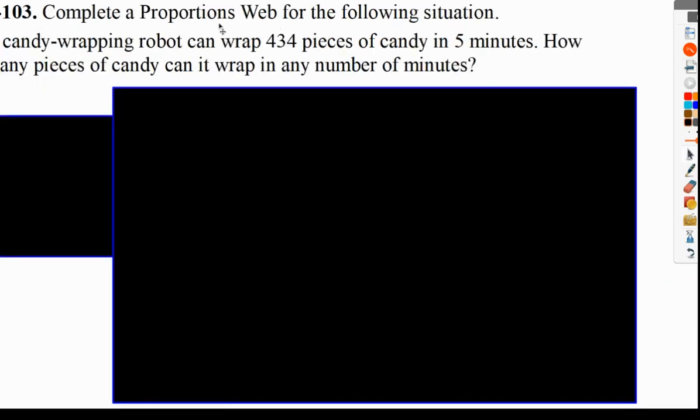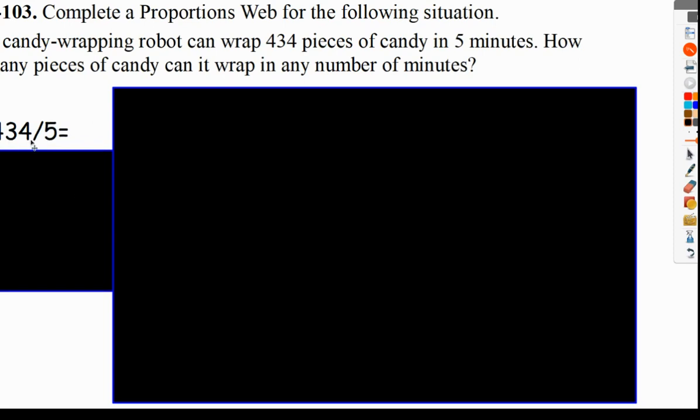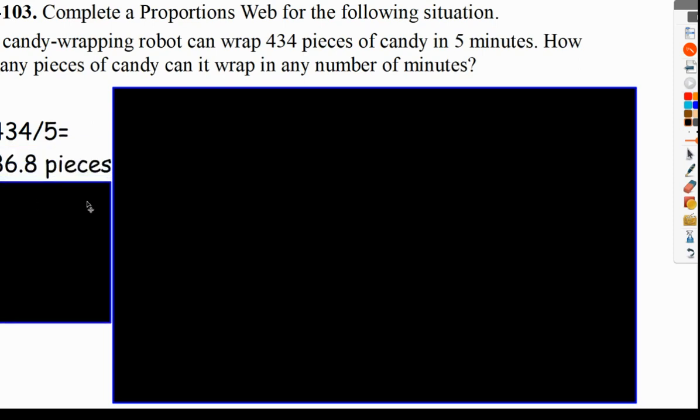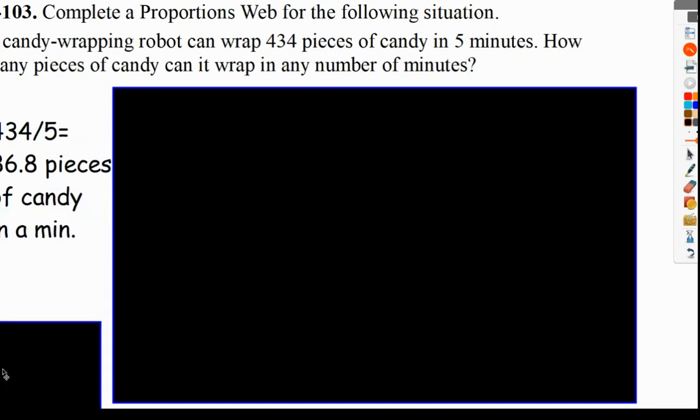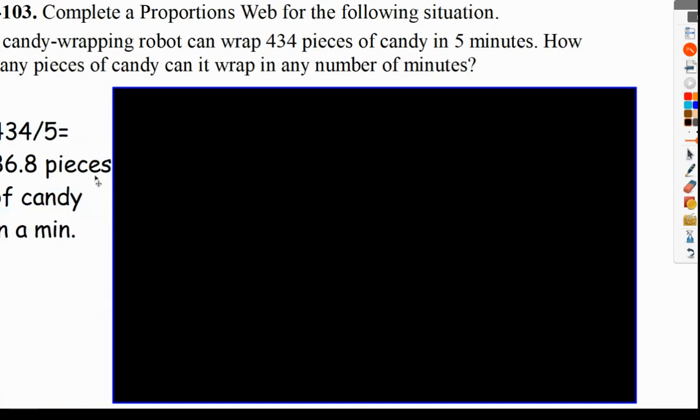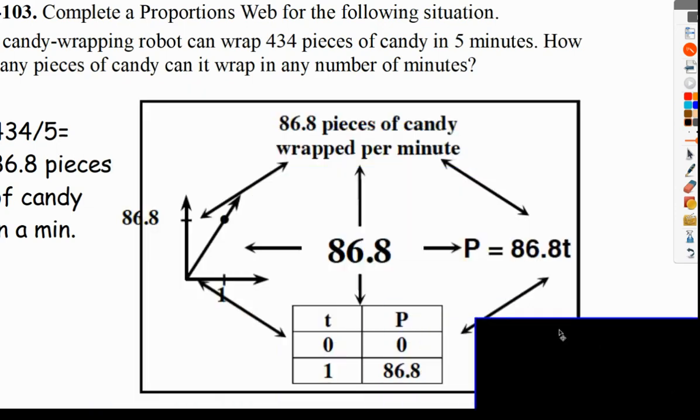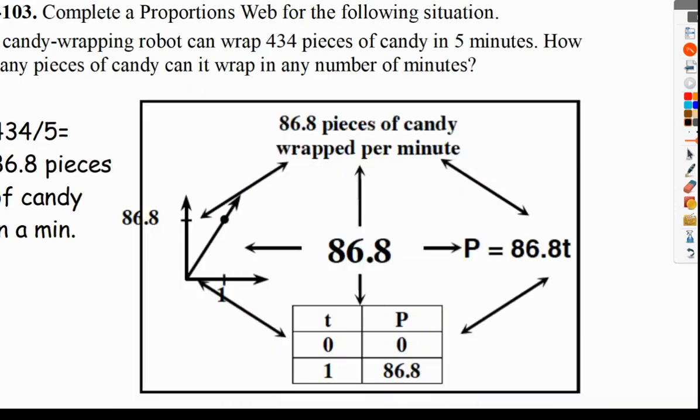Here we have a proportions web. We know that this robot can wrap 434 pieces of candy in 5 minutes. For your proportions web, first we need to figure out the unit rate, which ends up being 86.8 pieces of candy per minute. Then we will make our proportions web by filling in the important information.